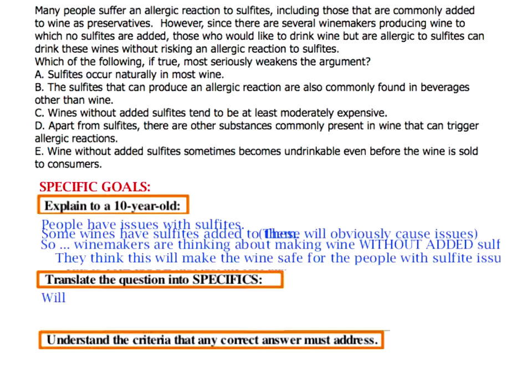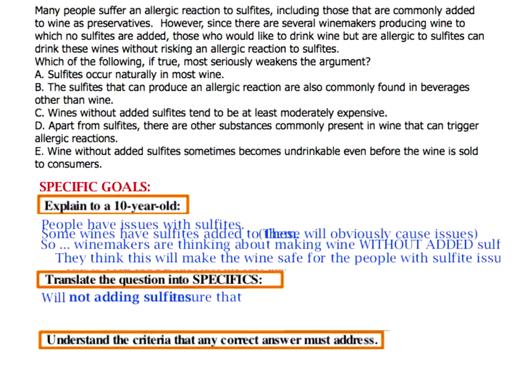So will not adding sulfites ensure that there are no sulfites in the wine?